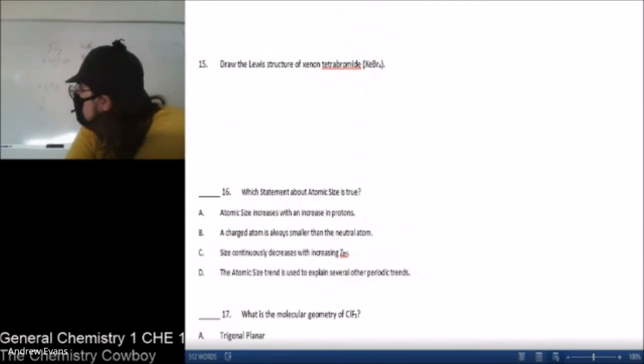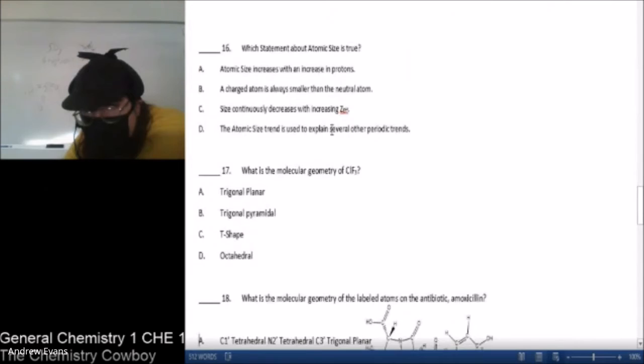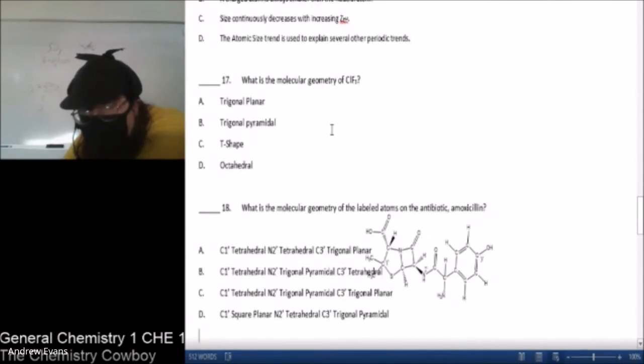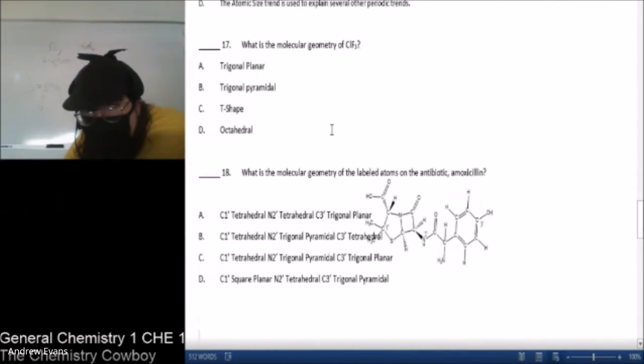Okay, let's see which. I don't think that's for this test. Molecular geometry of chlorine trifluoride. What is it? This one, you draw this guy out.